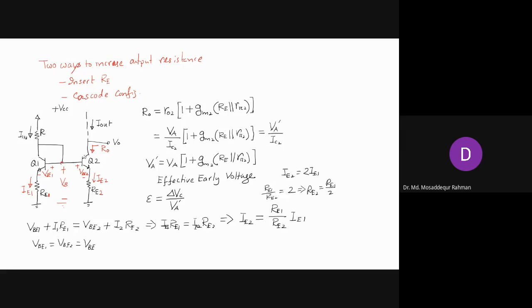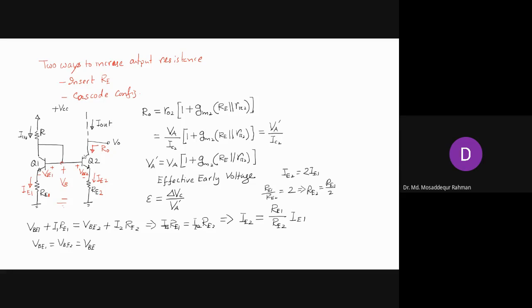Yeah, this is very useful in discrete circuits. If you are designing a current mirror circuit using discrete components, you can easily adjust the current by this emitter resistance, because in discrete circuits it is difficult to change the area.